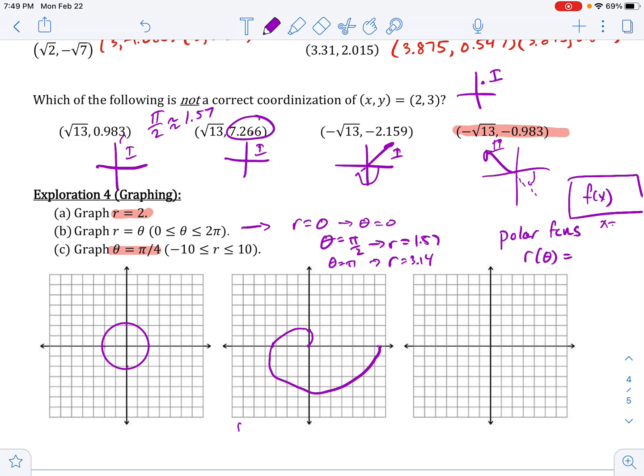That's like when we have x equals 5, which of course is a vertical line. So the radius is always at the angle of pi over 4, and the radius is going to be whatever fits that. And so it's going to be a line, interestingly enough.